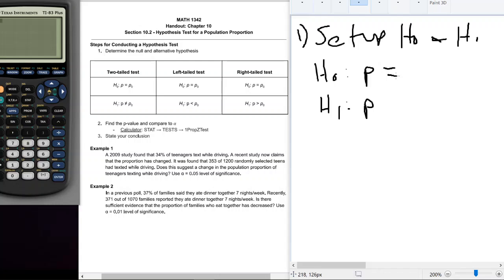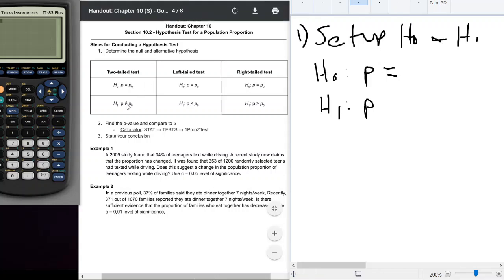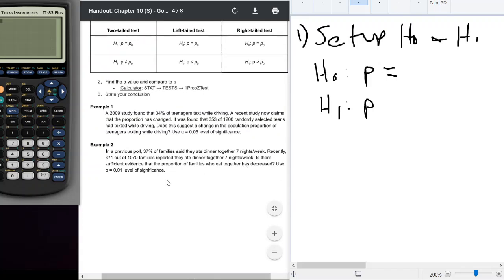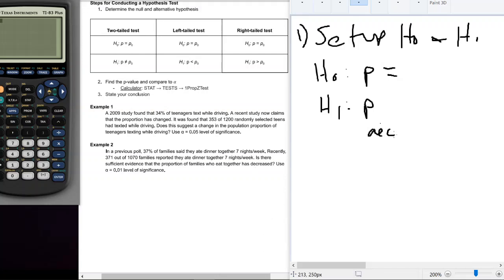For the alternative, we have to identify which symbol to use: not equal to, less than, or greater than? In the problem, we're asked, is there sufficient evidence that the proportion of families who eat together has decreased? Notice they're using the word decreased. That's a key word for us to use less than.